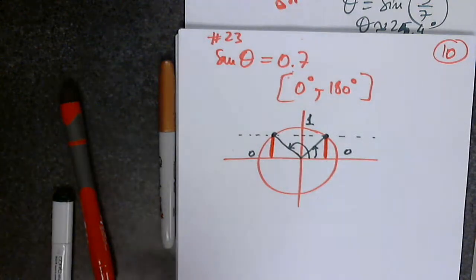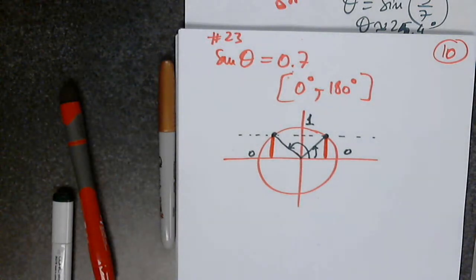So there are two angles. One with the terminal side in the first quadrant, and one with the terminal side in the second quadrant. So let's determine them now with the use of the calculator. So how do I determine the first one? I apply sine inverse to what? To 0.7, of course.